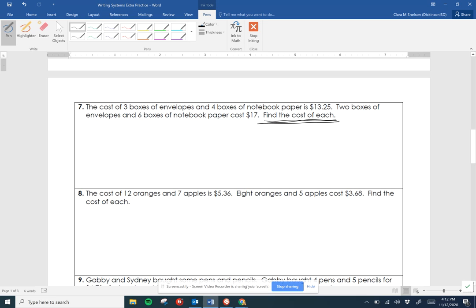So let's say that x is the cost of notebook paper. And let's say that y is the cost of envelopes.